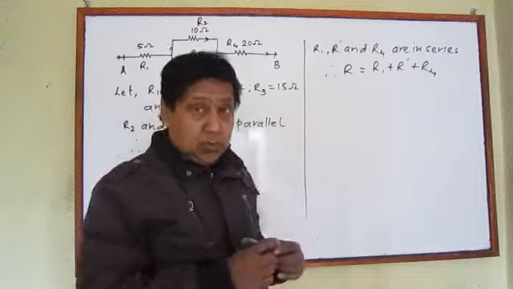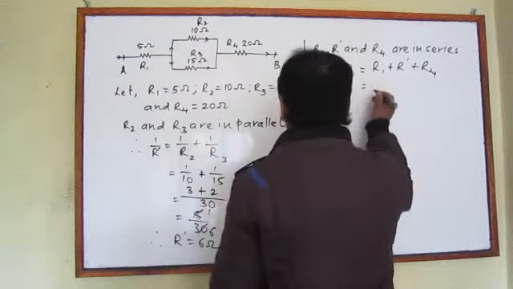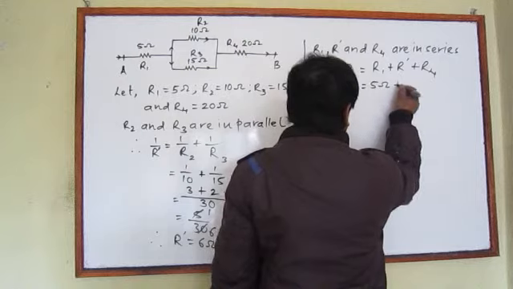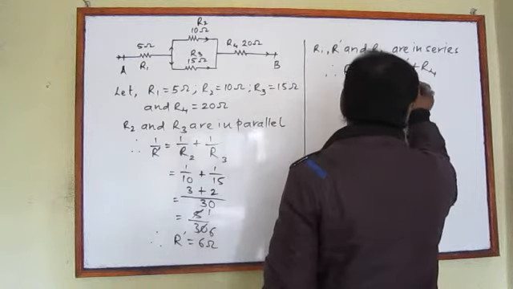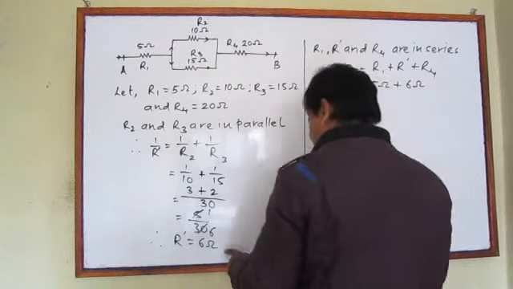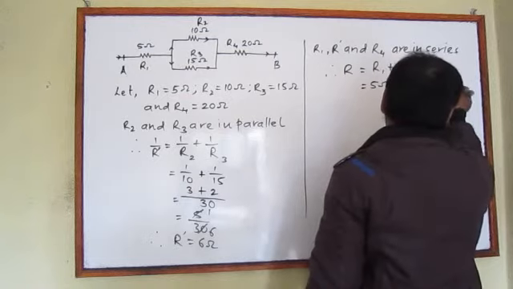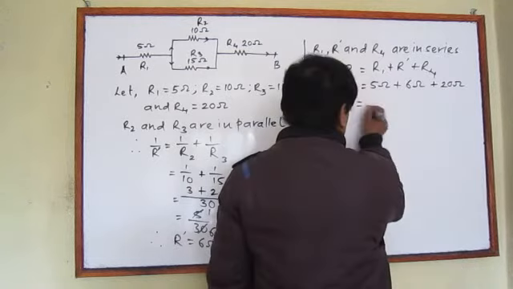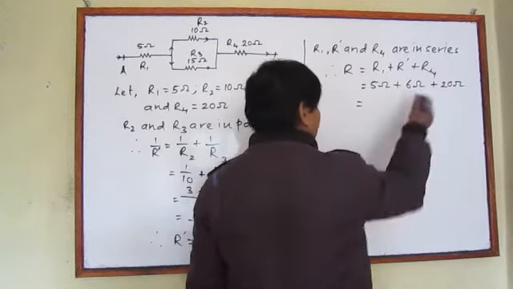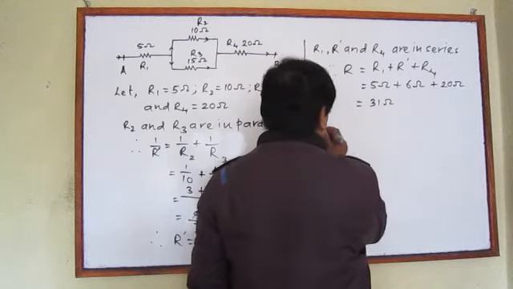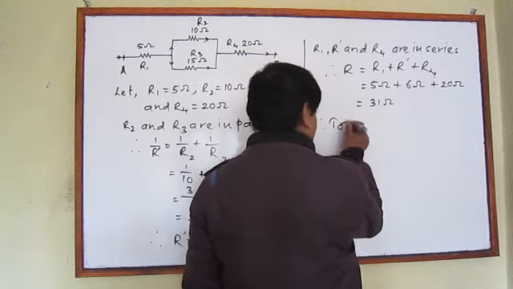That's why I am writing this way. This is equal to R1, which is 5 ohm, plus R', just now calculated, 6 ohm, and R4, which is 20 ohm. Now total is 6 plus 5, 11, plus 20. This is 31 ohm.